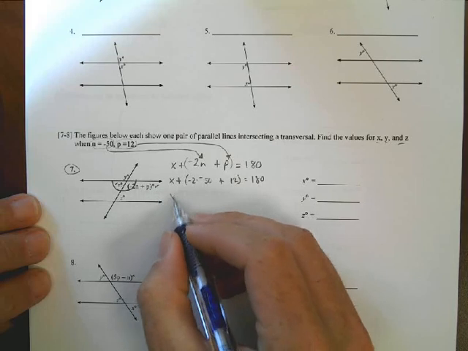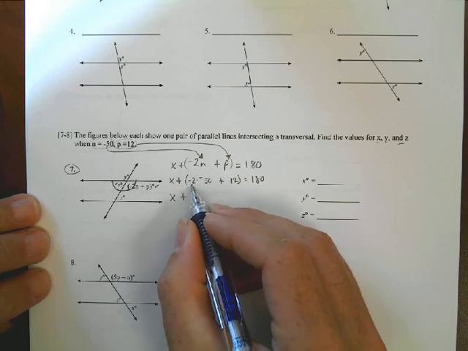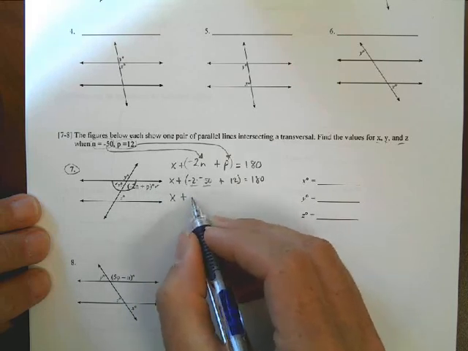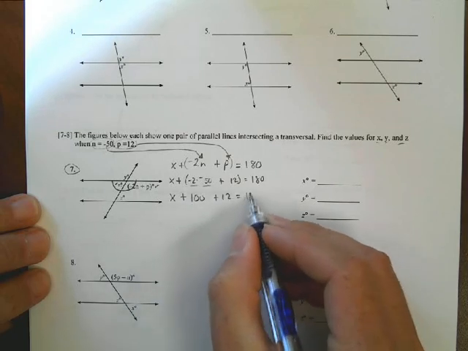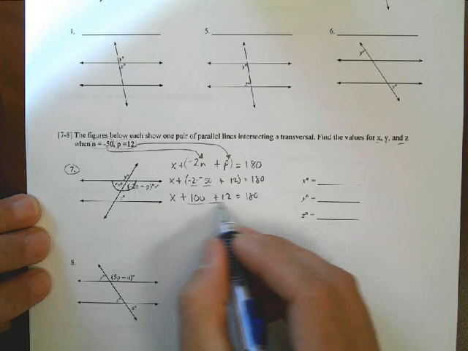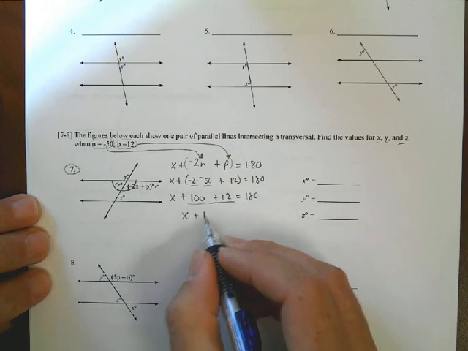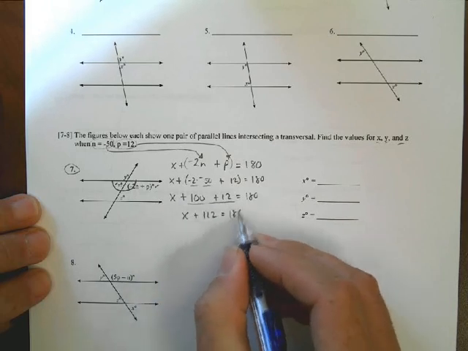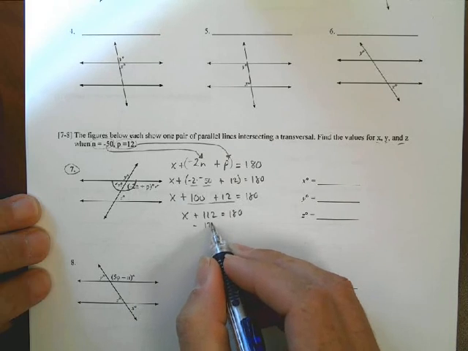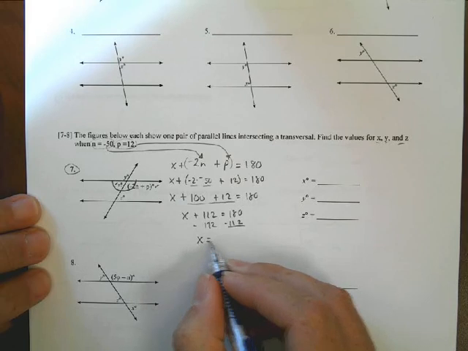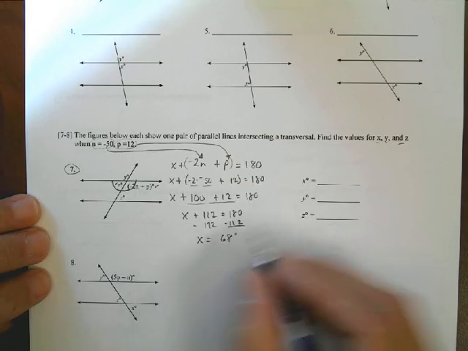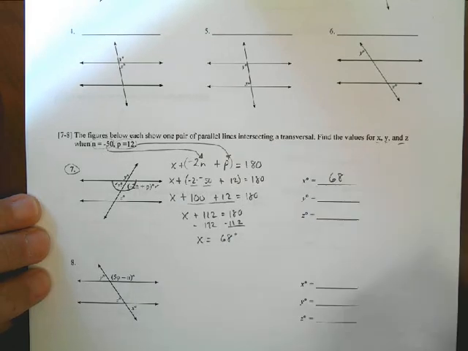Negative 2 times negative 50 is a positive 100, plus 12 equals 180. Combine those together and I have x plus 112 equals 180. Subtract 112 from both sides, and we have x is equal to 68 degrees. So that's my first part there.